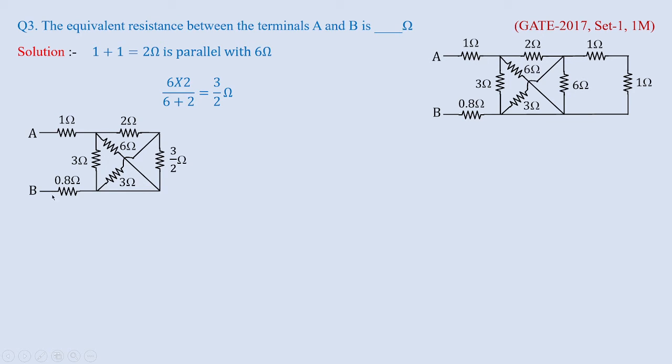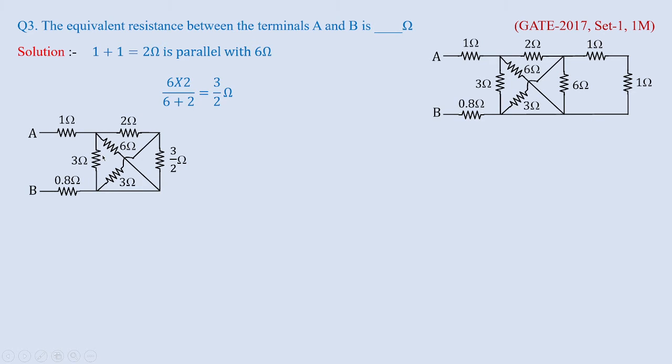Now this seems to be a complicated network, whereas you can see 3 ohms is in parallel with 3 by 2, because you don't have any branch, so you can treat this as a particular node, that is a ground node. In fact, 6 and 3 on this side are parallel.